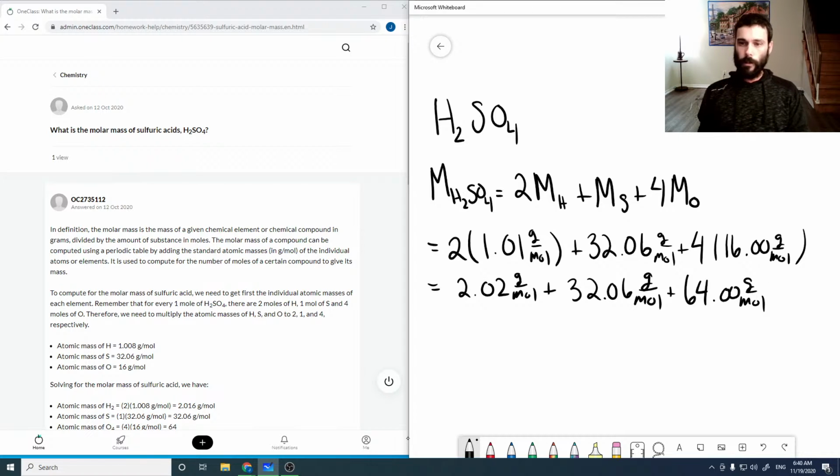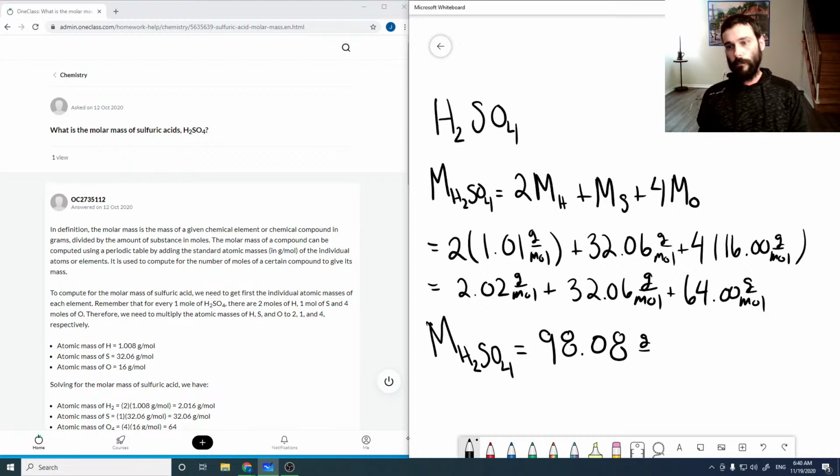And if we sum these all up, we find that the molar mass for H2SO4 is just 98.08 grams per mole.